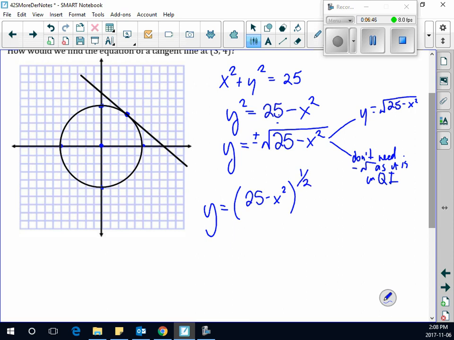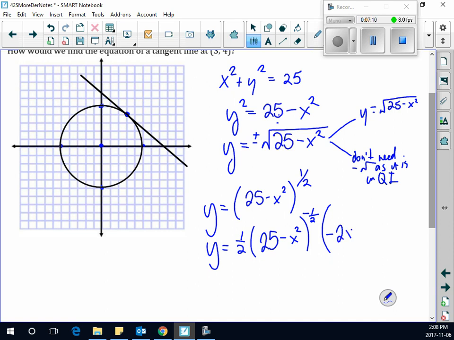That's the same thing. Okay, so what would the derivative be then? 1/2 (25 minus x squared) to the power negative 1/2. Are we done? Times... not 25.